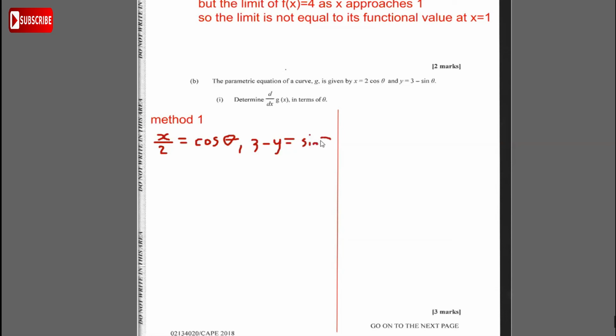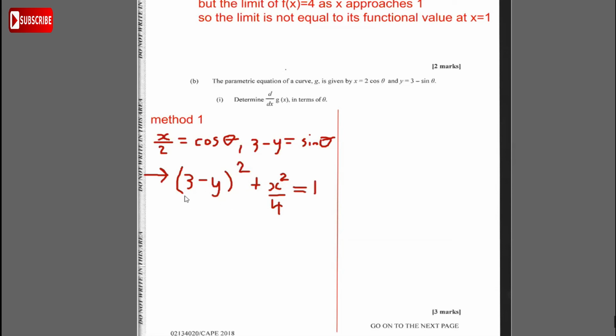But remember, sine squared plus cos squared equals 1. So that implies that 3 minus y all squared is sine squared, plus cos squared, which would be x squared over 4, and this is equal to 1. All we need to do is make y the subject here.